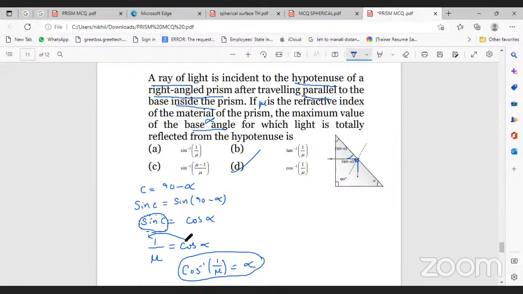If I shift the cos to the LHS, it becomes cos inverse of 1 by mu, that is equal to alpha. They are expecting the base angle only. So the answer will be the base angle alpha equal to cos inverse of 1 by mu, which is option D.